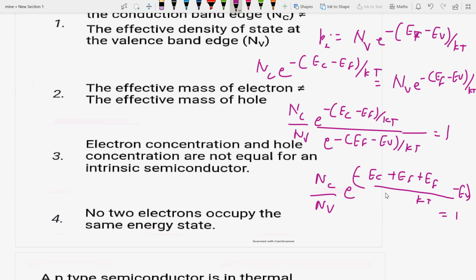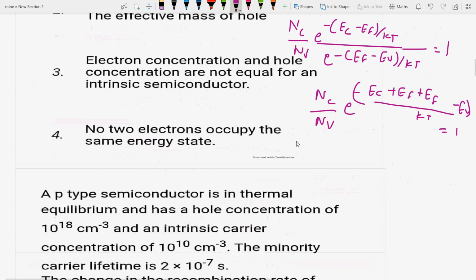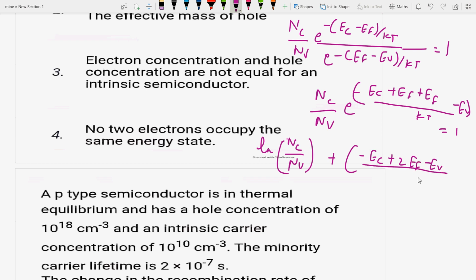So taking log on both sides, we have ln Nc upon Nv plus minus Ec plus twice Ef minus Ev upon KT equal to 0.